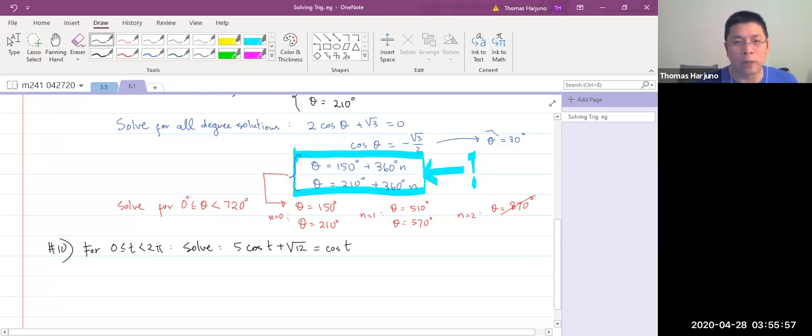I subtract cosine t from both sides, I get 4 cosine t, and I move the square root of 12 to the other side, I get negative square root of 12.